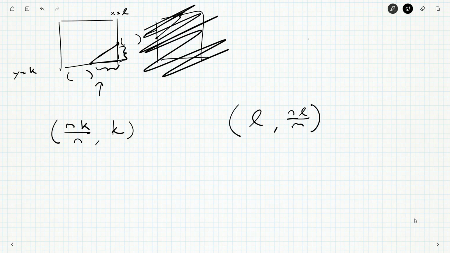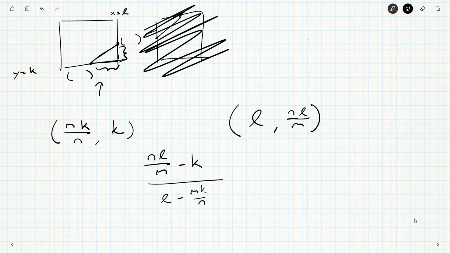Oh, rise over run. Rise over run. K... let's say nL over m minus k over L minus mk over n.